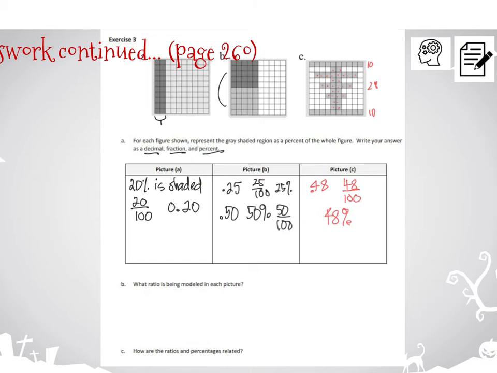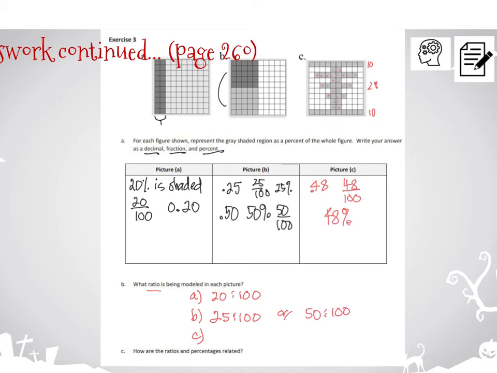Then it says on B, what ratio is being modeled in each picture? It said ratio. So now I'm going to go A, B, and C. My ratio for A is 20 out of 100. So that's part to whole. Whole is the whole thing. B is 25 if I'm just choosing one of the shades of gray, or you could go with 50 to 100.